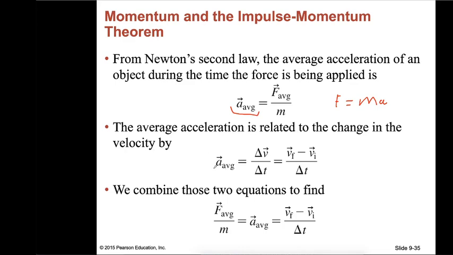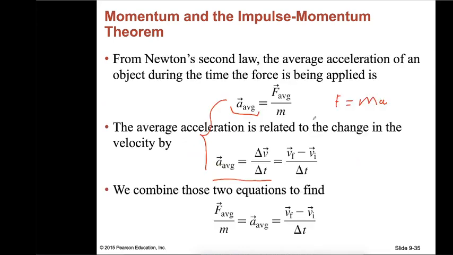So we can write the average acceleration as delta v over delta t. That's the definition of acceleration. Delta v, of course, equals v final subtracted by v initial. Then you can combine these two equations. So you will have F average over m equals Vf minus Vi over delta t.